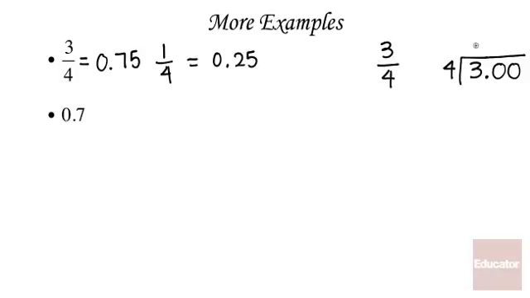Well, 4 goes into 3 0 times. I'm going to raise up this decimal. So 4 goes into 30 how many times? Let's see. 4 times 7 is 28. I'm going to subtract this. This is 2. Bring down this 0. 4 goes into 20 5 times.